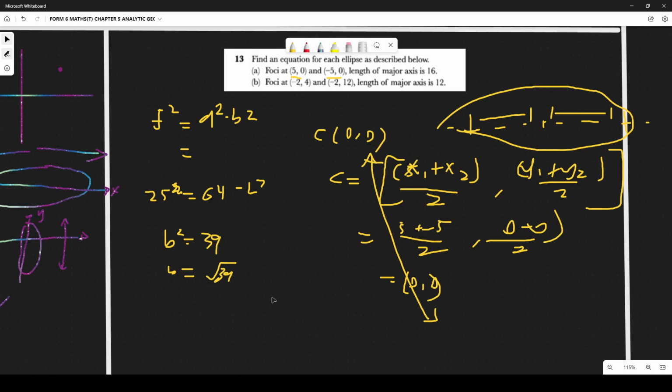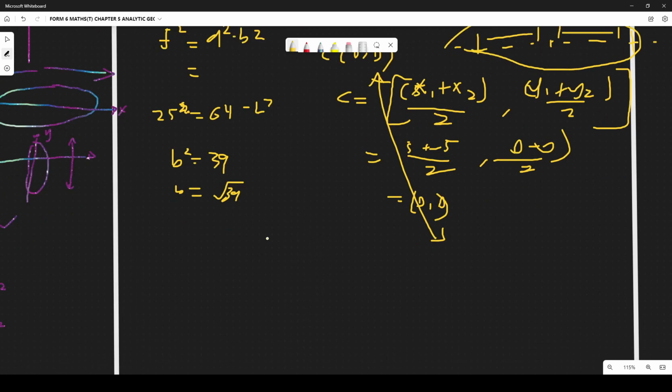Okay, so we know it's square root of 39. Just for illustration purposes, I can show how it will look. The center just now was 0, 0, so it's easy for you to draw.